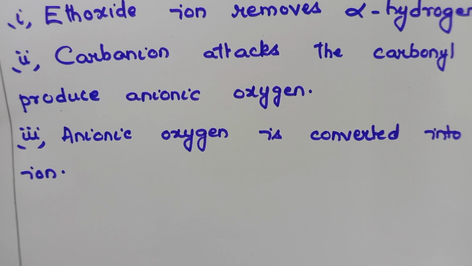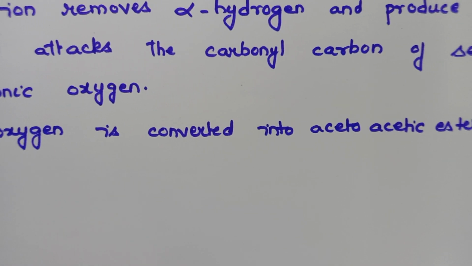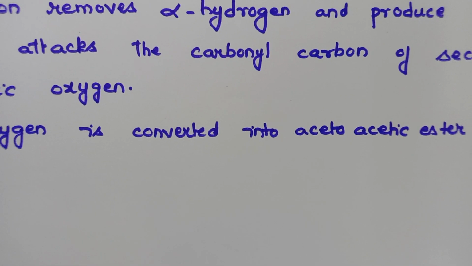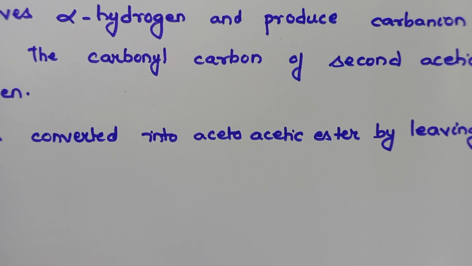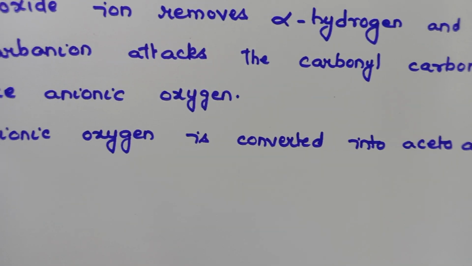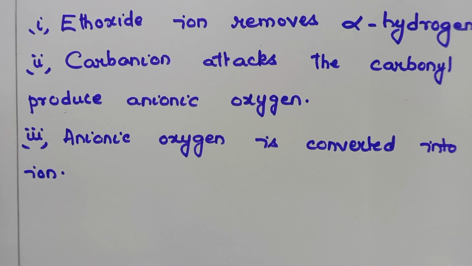And next, immediately the anionic oxygen is converted into acetoacetic ester. How is the anionic oxygen being converted into acetoacetic ester, students? By leaving ethoxide ion. Okay, so these are the points that we write under Claisen condensation.